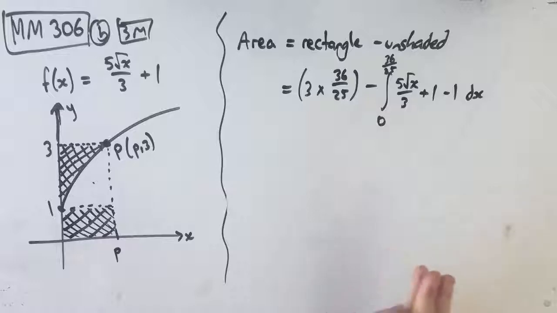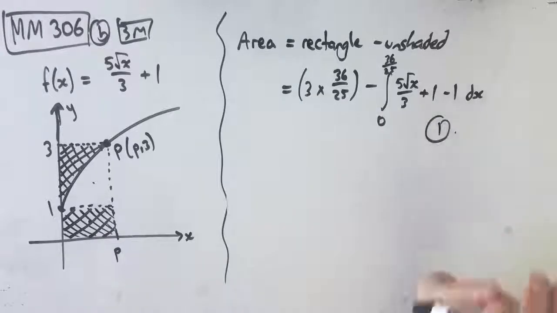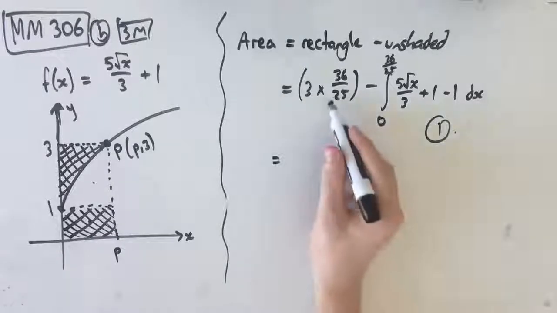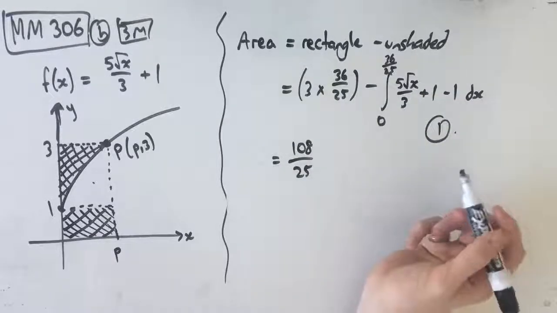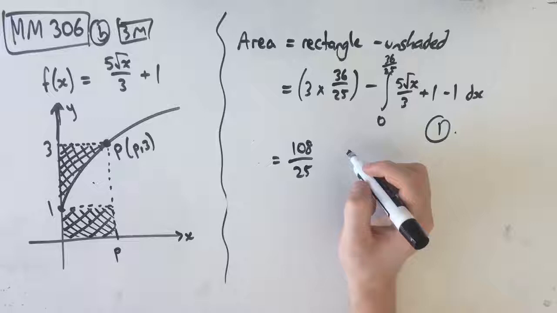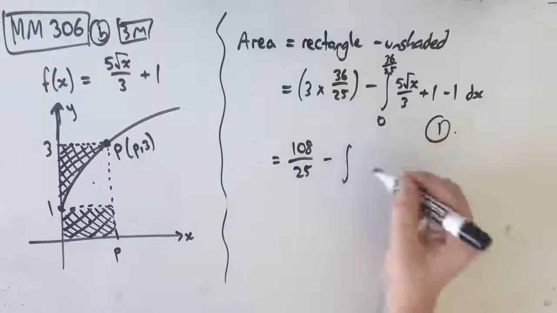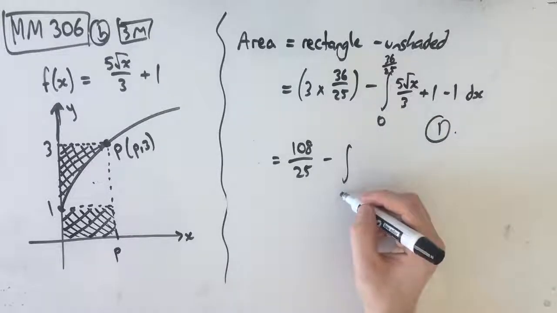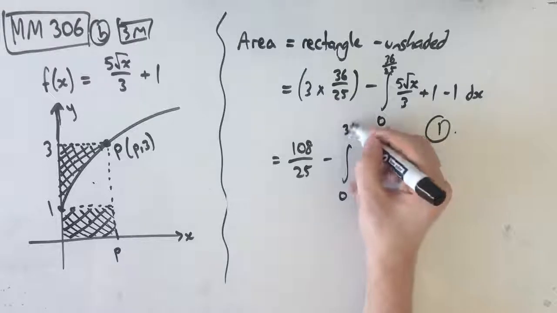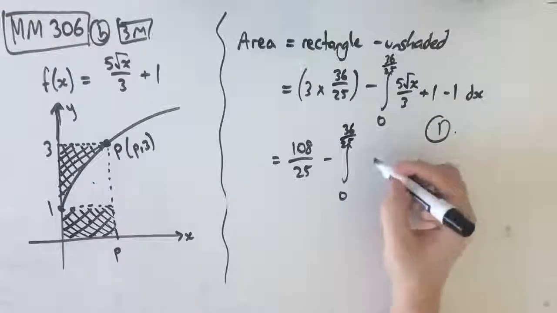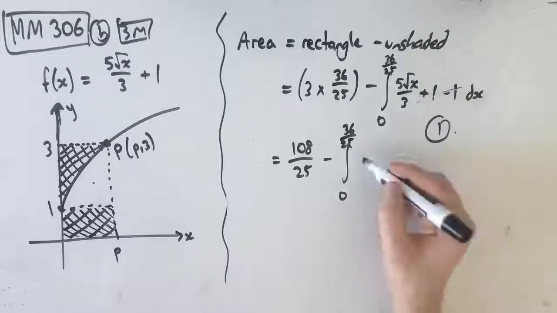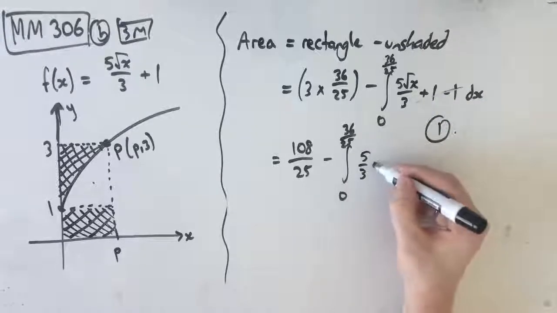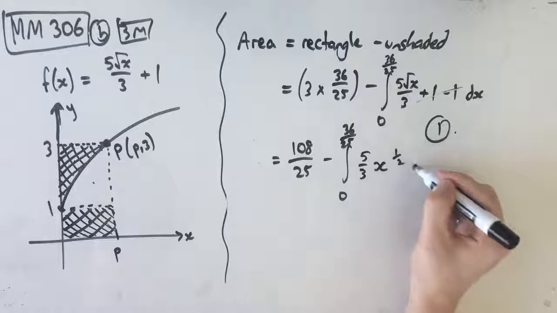Okay? So this is what I would do. There's many ways to do this, like I said, but this would be your first mark if you did it this way. So this bit here would be 108 on 25. And then from here you would have, because we want to break this down into a kind of easily digestible value, this plus 1 and this negative 1 cancel each other out, which means we get 5 over 3 x to the power of 1/2 dx.